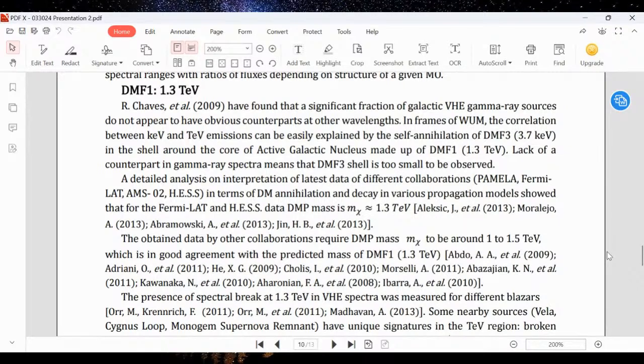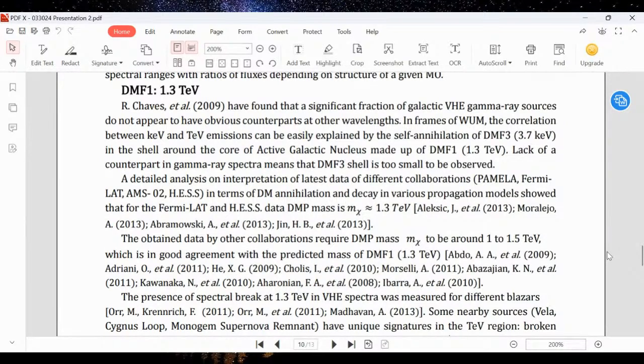Counterpart, in the shell around the core of an active galactic nucleus, made up of DMF1, 1.3 tera-electron volts. Lack of a counterpart in gamma-ray spectra means that the DMF3 shell is too small to be observed.